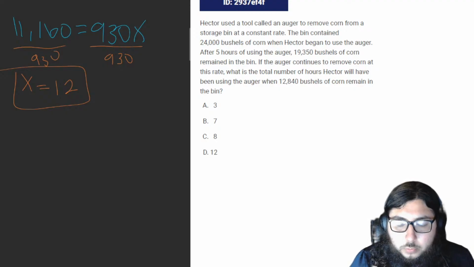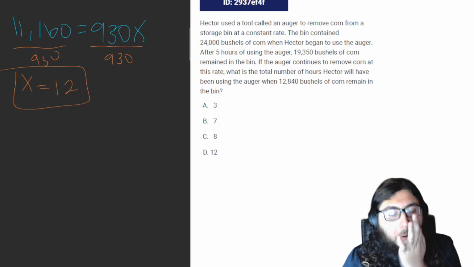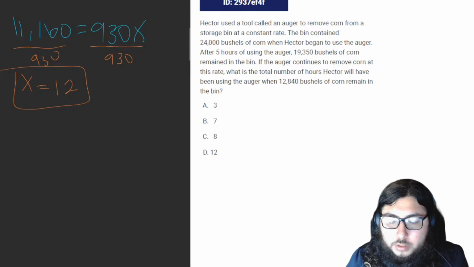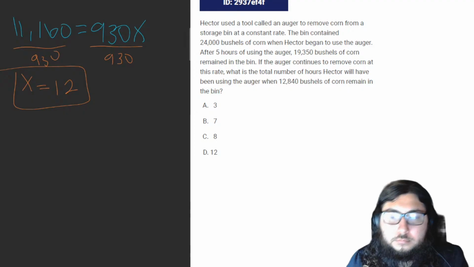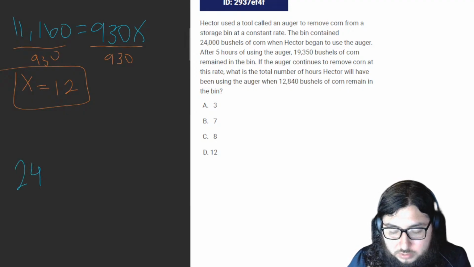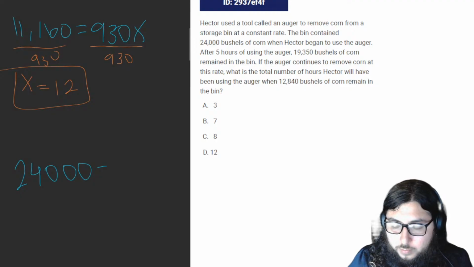Now we could have also written a function for how much remains in the bin if we wanted to. We would just have to do 24,000 minus something we'll call r for remain.